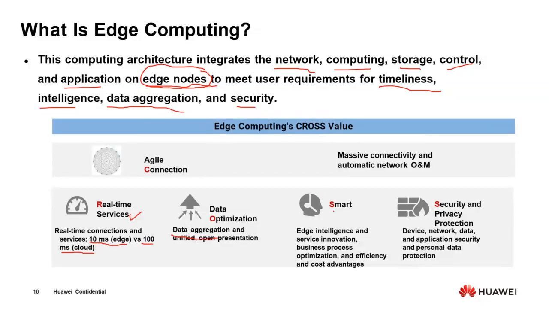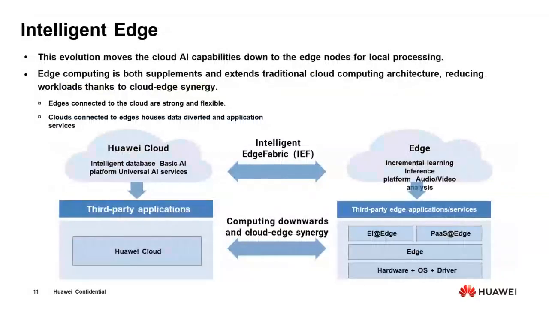In terms of smart intelligence, it is also very smart, and of course, in terms of security and privacy, it is also very good, because basically everybody will target the cloud, but if your data remain in the edge, it keeps it safe until, of course, it goes to the cloud. So this is also very good.